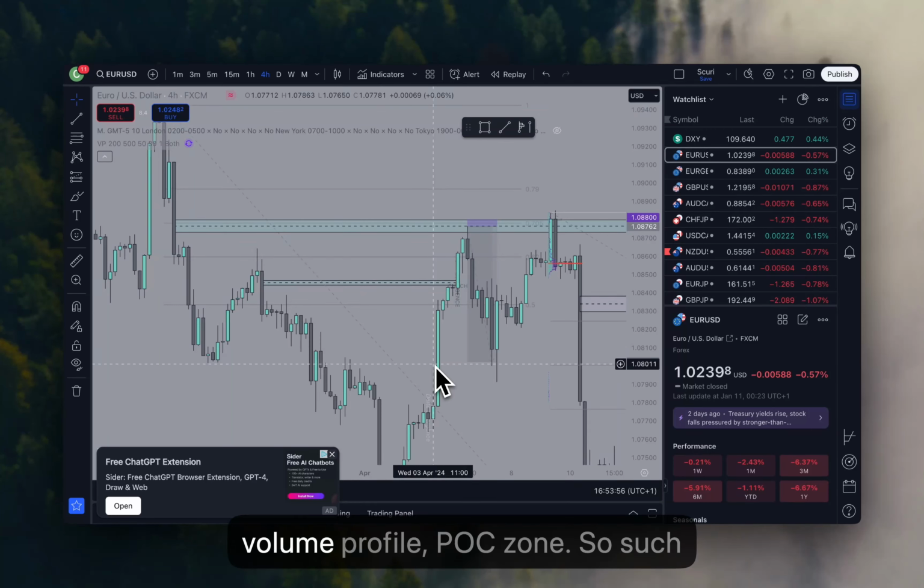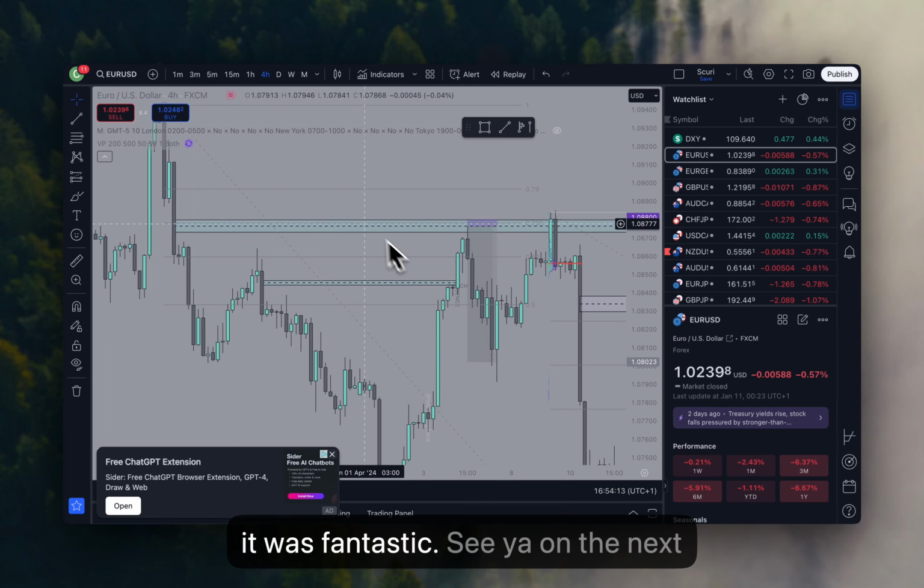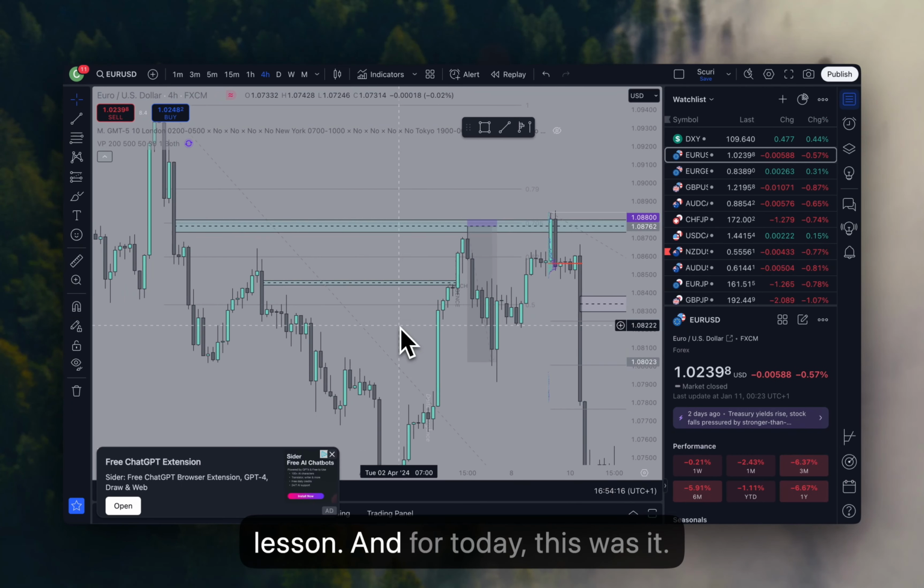This was a volume profile POC zone, such as this one. We are going to talk about this one in future lessons, but this was the trade and it was fantastic. See ya on the next lesson, and for today this was it.